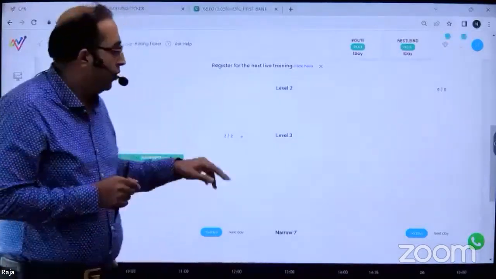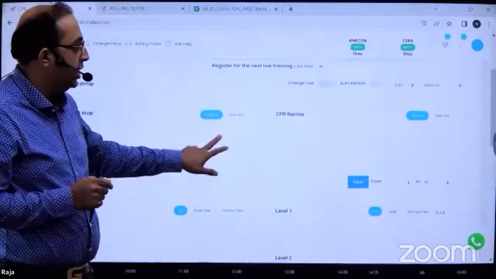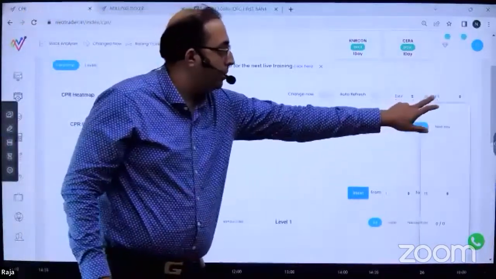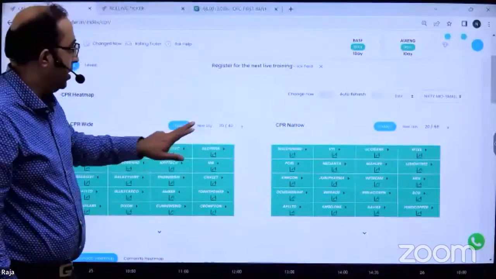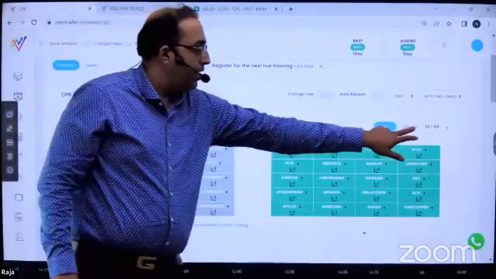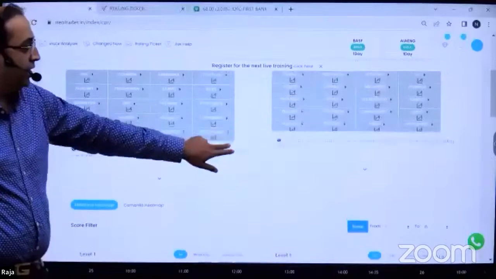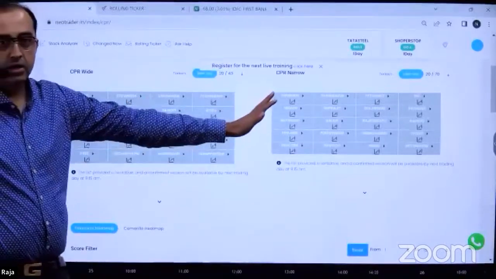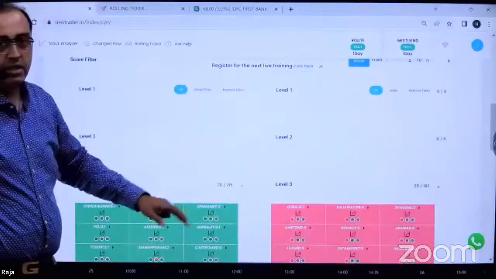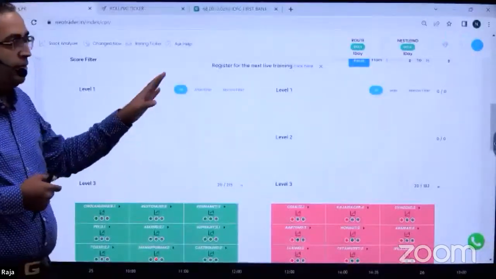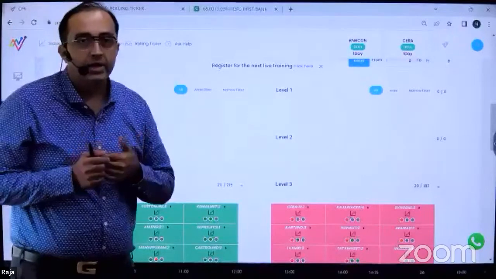All right. So in this everything is there. Equity, FNO. If you are from the cash segment, you can go to the cash segment, and आपको देखना है what is wide, what is narrow. You will get the stock setup. Level 3 is where the trade starts getting initiated, but level 1 is the one which you need to execute.